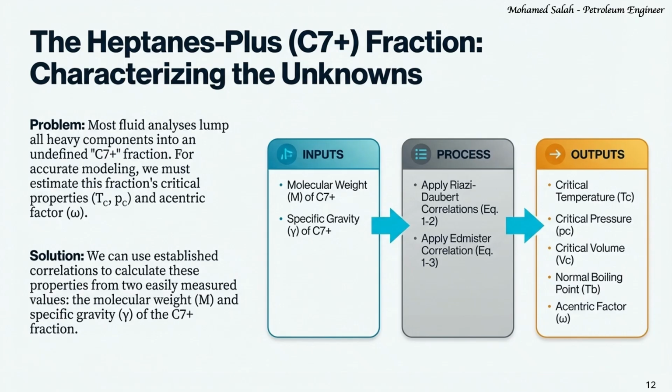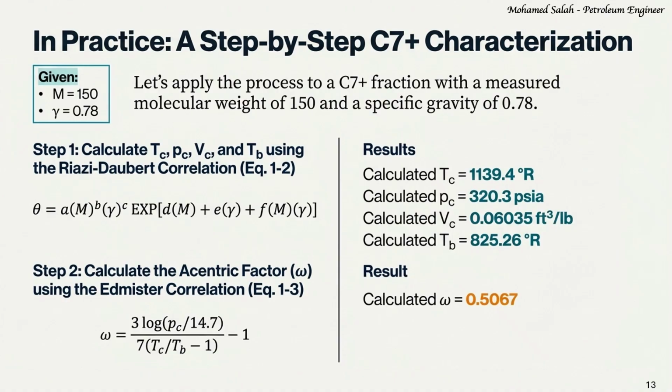fluid. Applying the C7+ characterization process involves a two-step calculation. Given the measured molecular weight and specific gravity of the C7+ fraction, Step 1 uses the Riazi-Daubert correlation to estimate the critical temperature, critical pressure, and critical volume. This correlation is a powerful tool for predicting the thermodynamic properties of the heavy fraction.